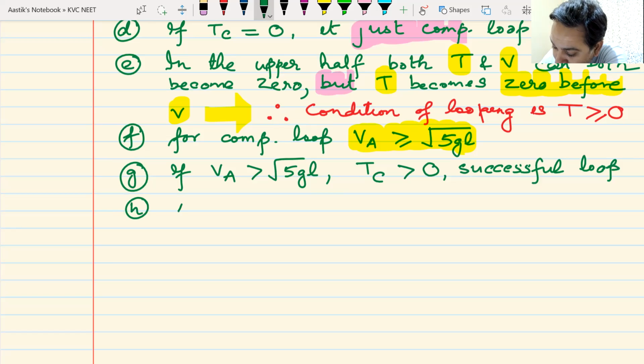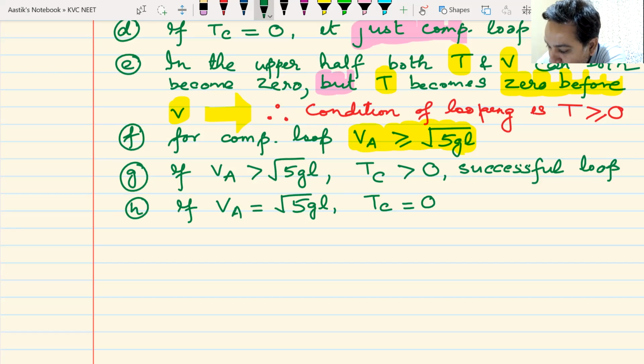But if the speed at point A is exactly equal to root 5 GL, tension at point C becomes equal to 0.